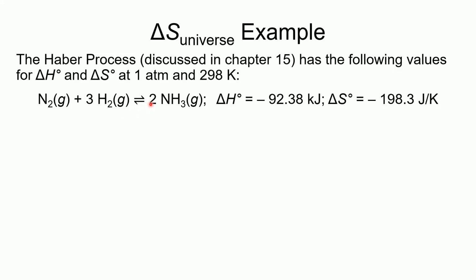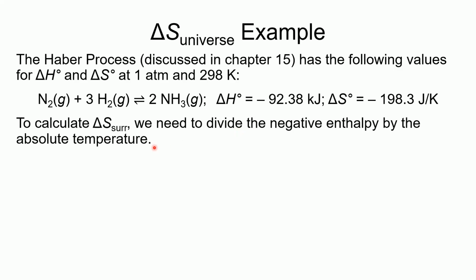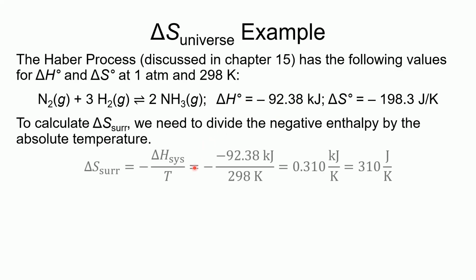The gases are at 1 atmosphere and the temperature is 298. We already have delta S of our system right here. We want to calculate delta S of our surroundings, and we're going to get that from this. So if delta S of our surroundings is equal to negative delta H of our system divided by the temperature in Kelvin, then we'll just take that value that is delta H of our system, which is the negative 92.38 kilojoules.